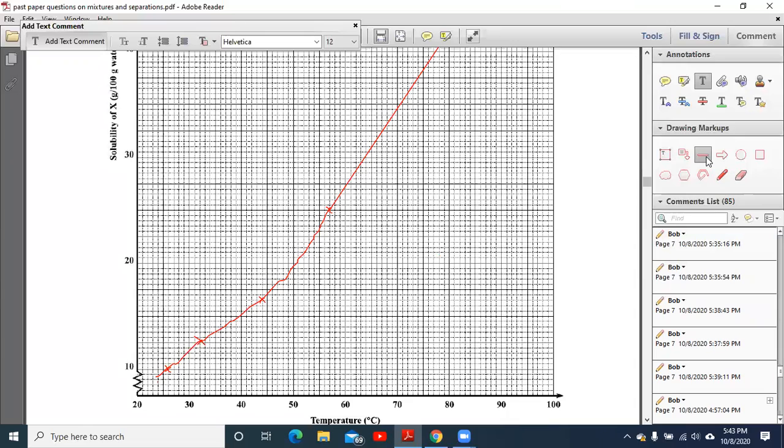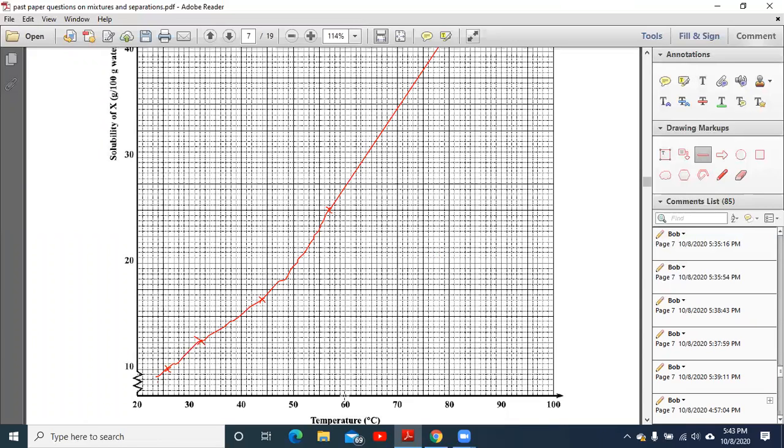So what you would do in that case is you go up to your line from 60 degrees Celsius, go up, see where it meets the line, and go a little to the side.